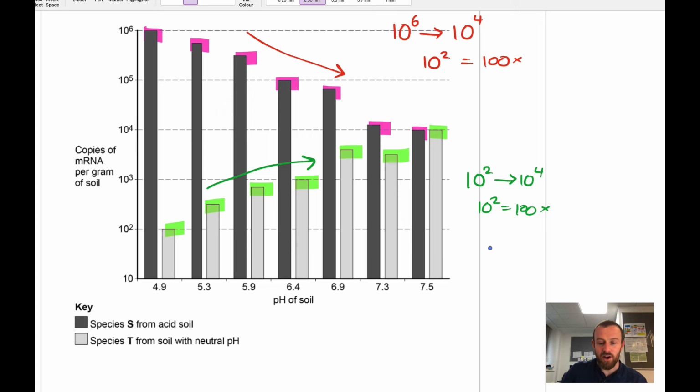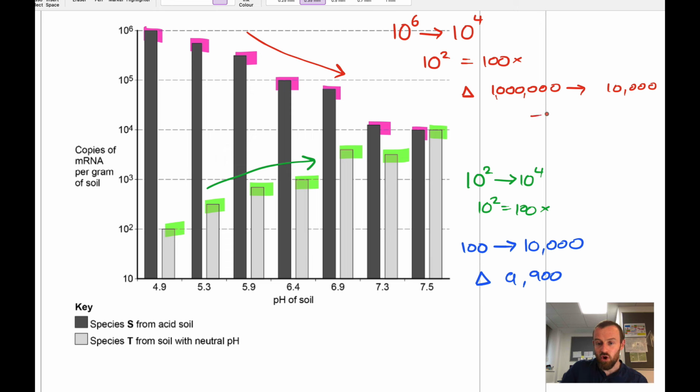So this is basically going from 100 up to 10 to the 4, which is 10,000, i.e. a change of 9,900. Okay, that's the change, delta. Whereas this one is going from 10 to the 6, that's a million, down to 10 to the 4, which is 10,000.